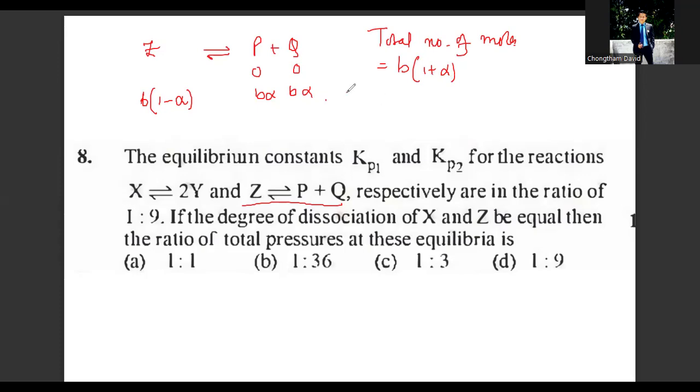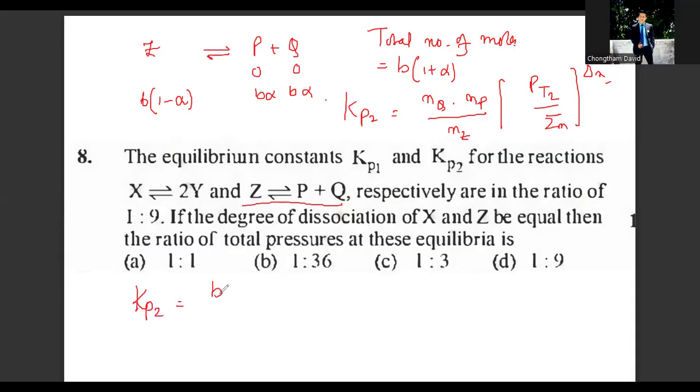Now in the same manner we can find Kp2, which is the moles of Q into moles of P divided by the total number of moles for Z, multiplied with the pressure raised to the overall delta n. Simplifying this, you would get Kp2, which is B alpha squared times Pt2 divided by B times 1 minus alpha, B times 1 plus alpha.